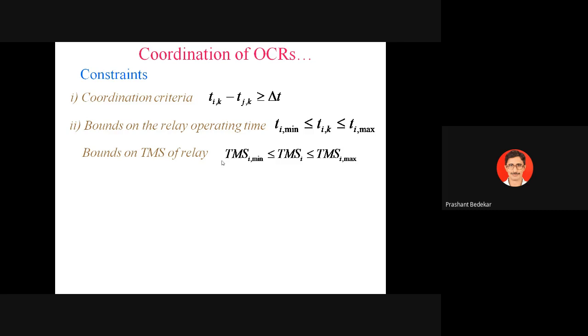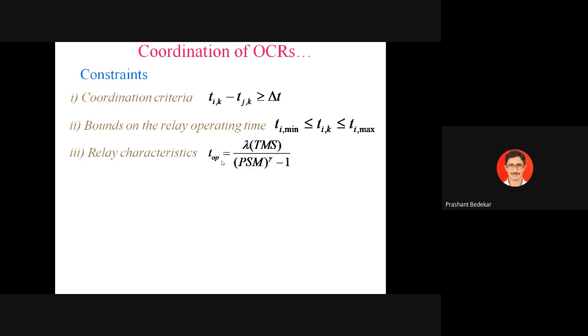So here also, if we are considering that the time multiplier settings are fixed, then the operating time can be written in terms of time multiplier setting directly, and either the operating time constraint or the time multiplier setting constraint becomes redundant. That is why it is not written separately.